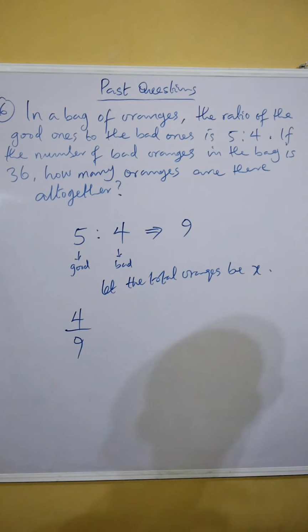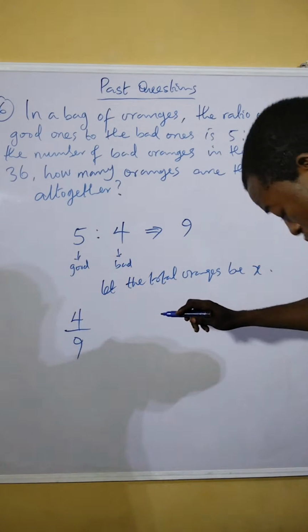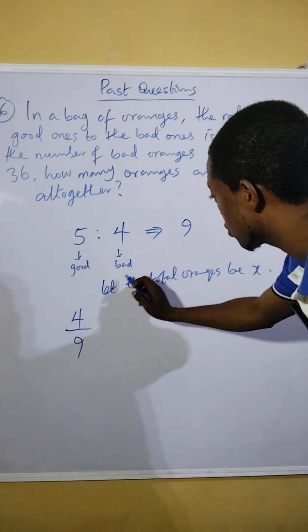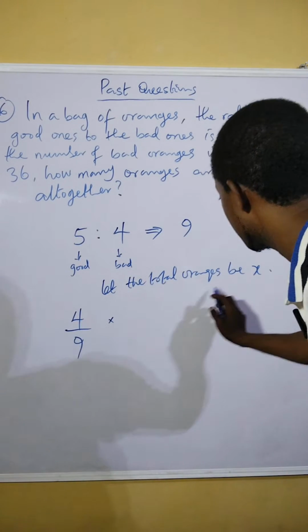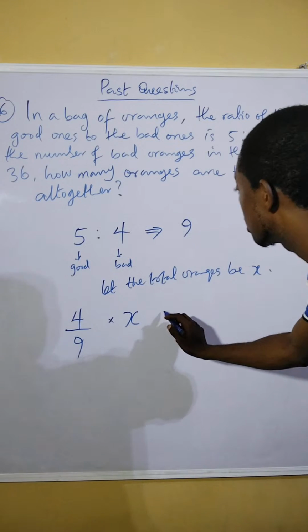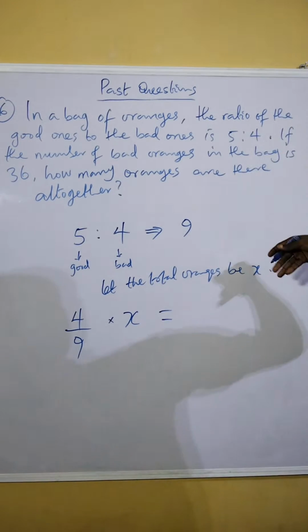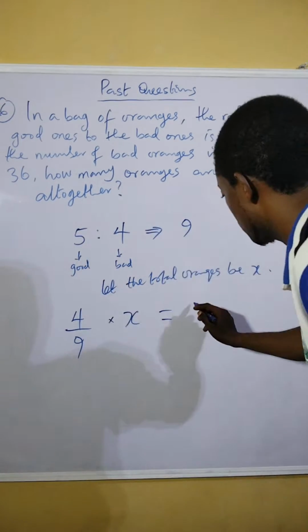So we have the ratio of the bad, that's 4 over the total ratio 9, times the total number x, equals the number of bad oranges, which has been given to be 36.